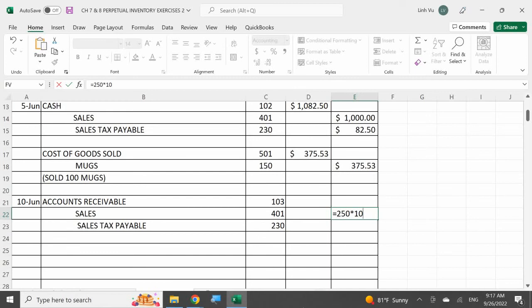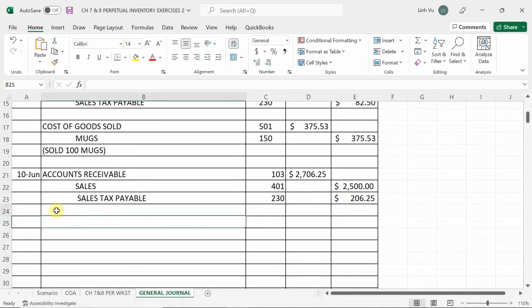It's 2,500. What is the total amount of sales tax I'm going to be charging? $206.25. So grand total should be $2706.25, right?